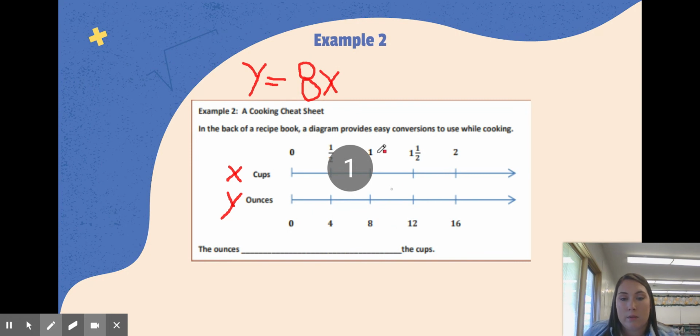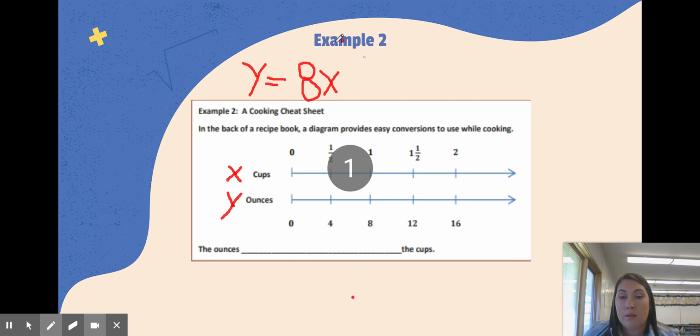So that holds up. What about 2? 8 times 2 is 16. That holds up. But you wouldn't want to just leave it at 2. Make sure you check them all. 8 times 1.5. Throw that in a calculator. I promise you, it's going to be 12. 8 times 1/2 is 4.